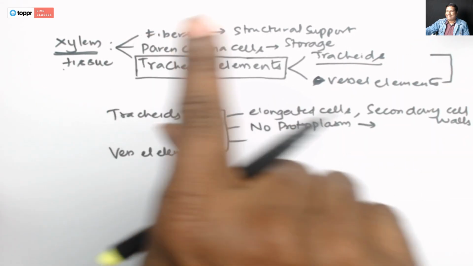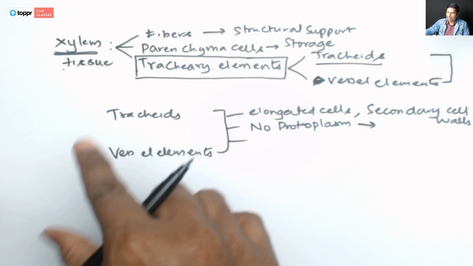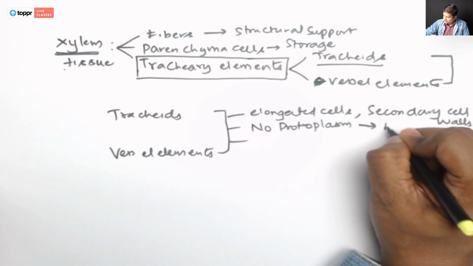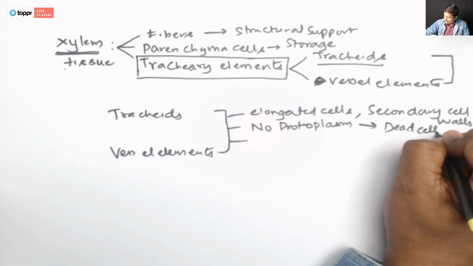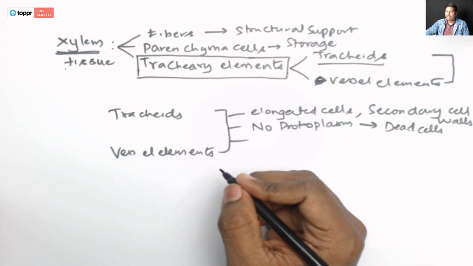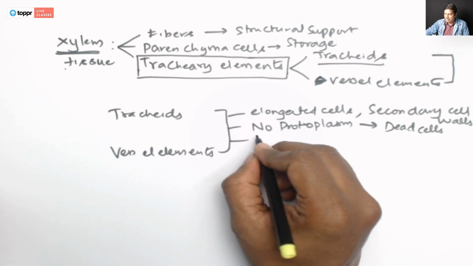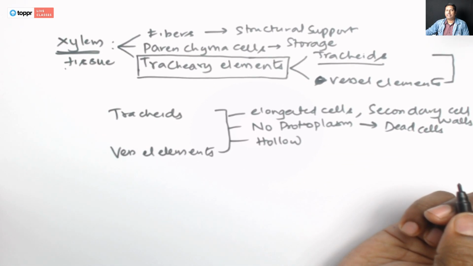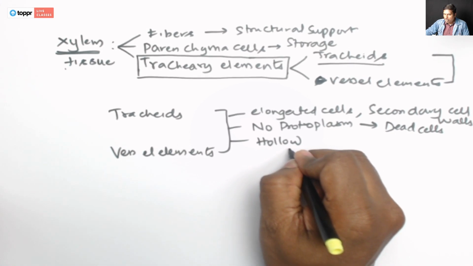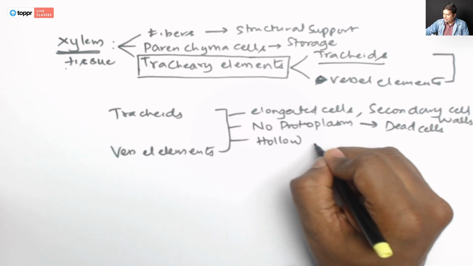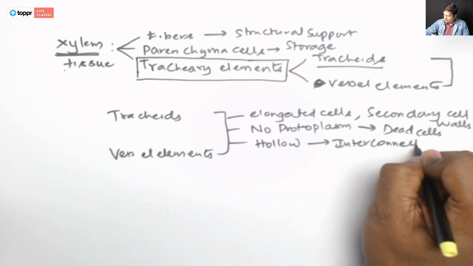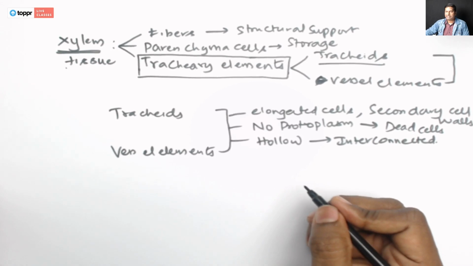These are like dead shells. The outer layers are present, but the inner contents are gone. So these are dead cells, and because the inner contents are gone, they are hollow, and these hollow cells are interconnected.